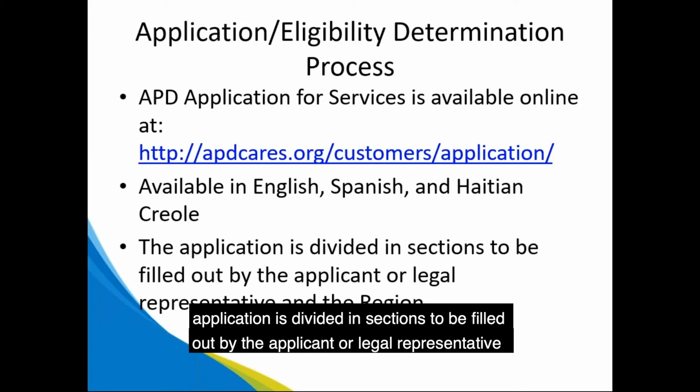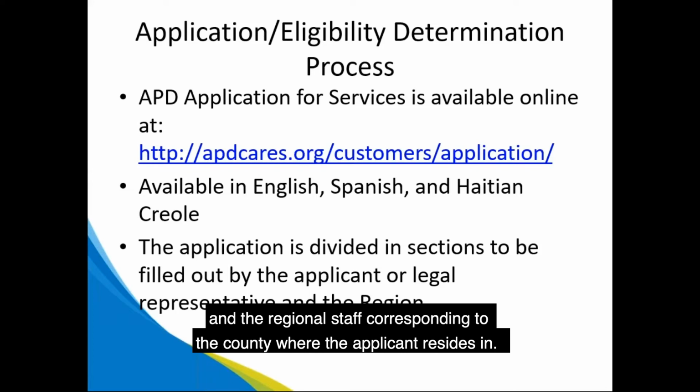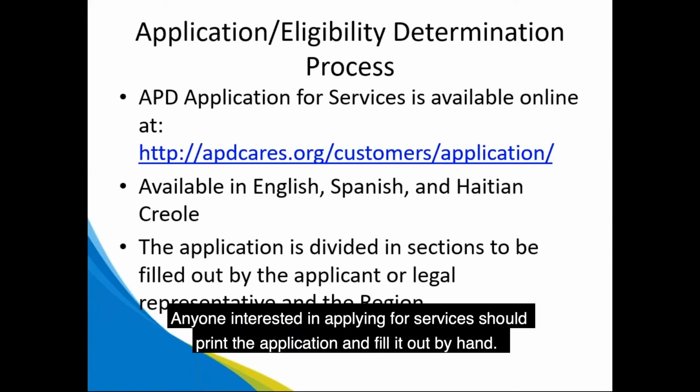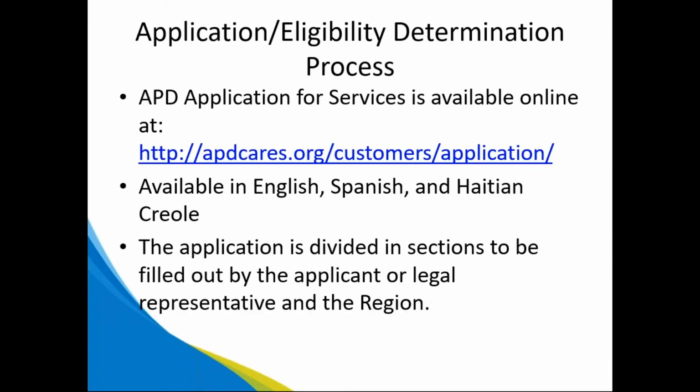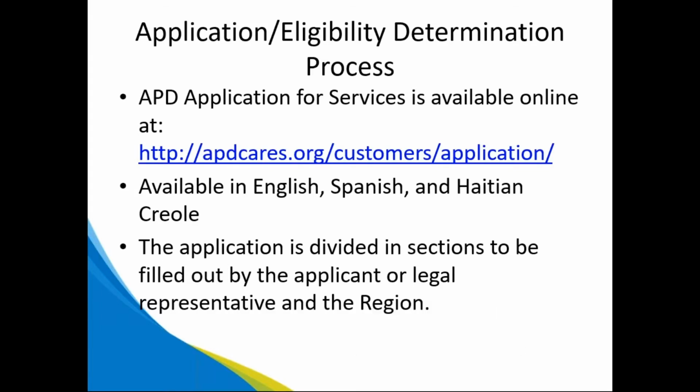The application is divided in sections to be filled out by the applicant or legal representative and the regional staff corresponding to the county where the applicant resides in. Anyone interested in applying for services should print the application and fill it out by hand. The application will be available in the future for online submission in iConnect.